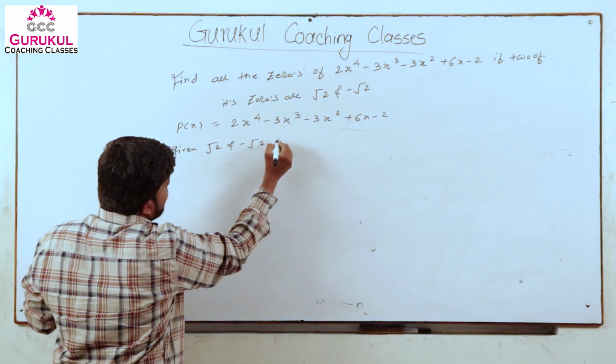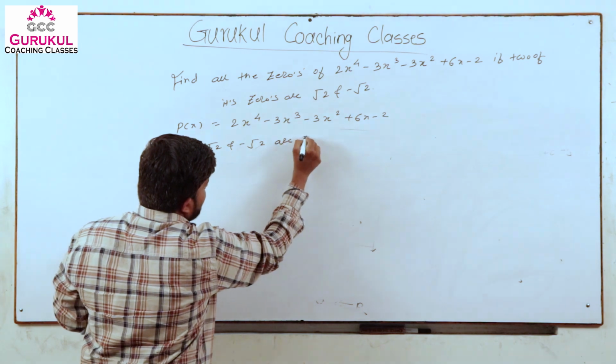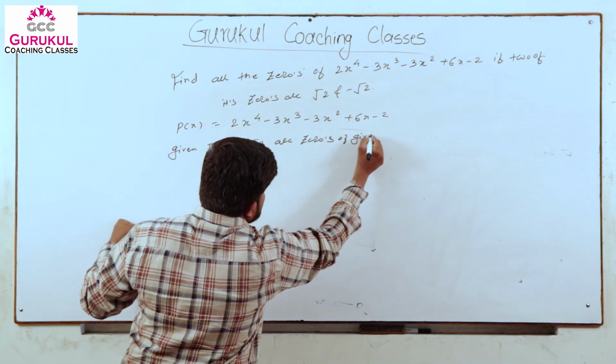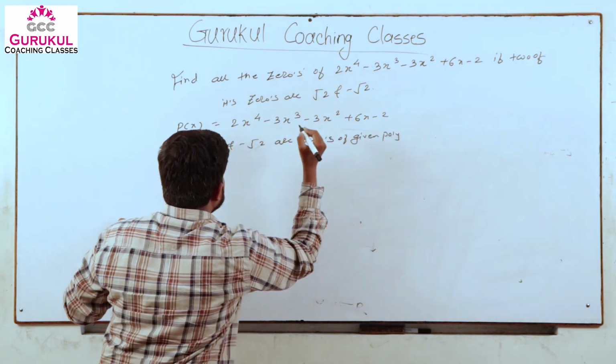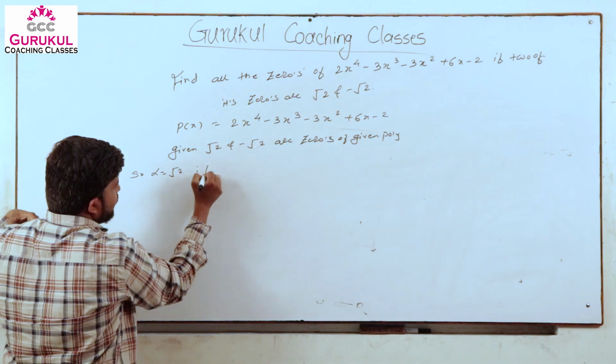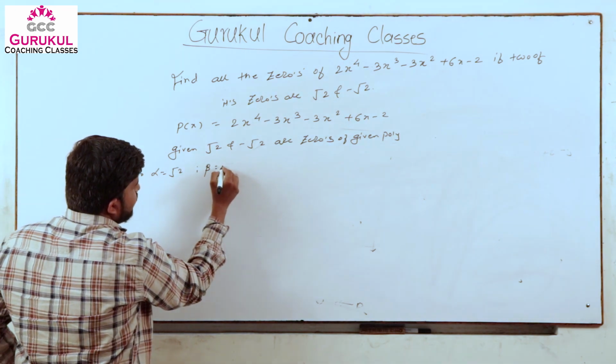Root 2 and minus root 2 are zeros of the given polynomial. So alpha is equal to root 2, beta is equal to minus root 2.